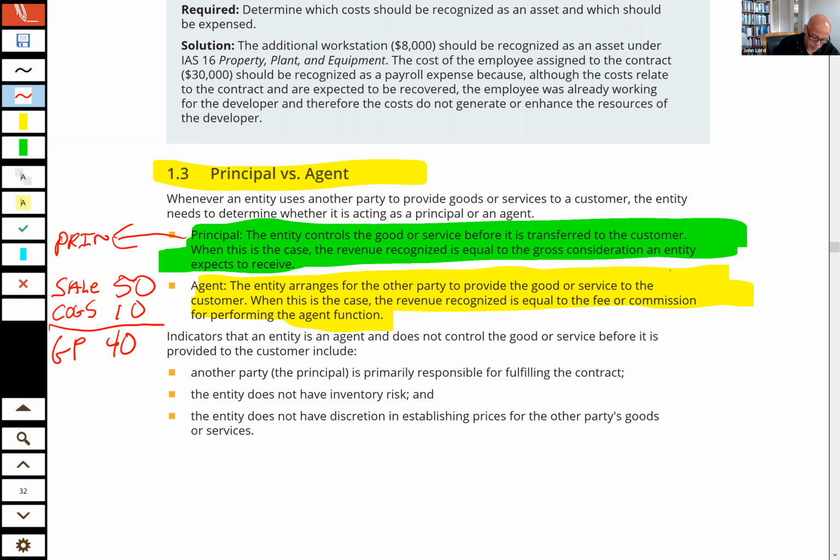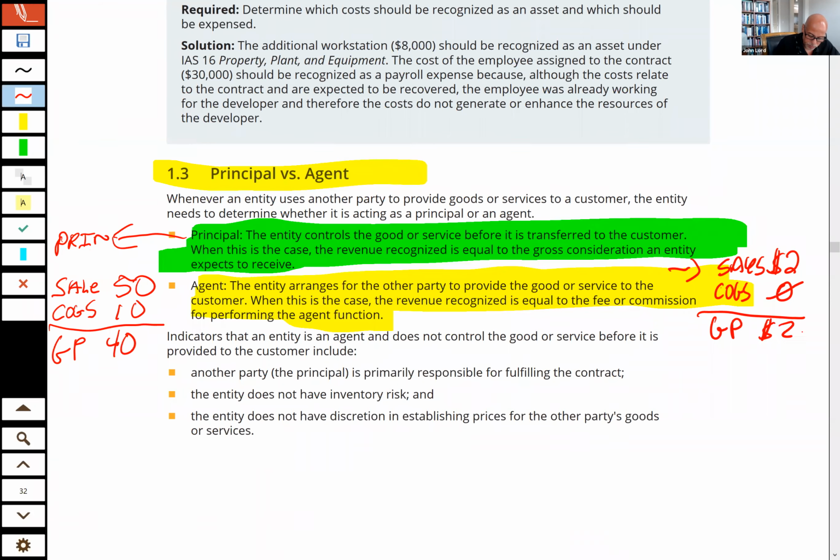So if we were the agent now, if we were Uber, our sales, whatever revenue, would be $2. The cost of the goods sold is what? 0. And the gross profit on that is what? Is $2.